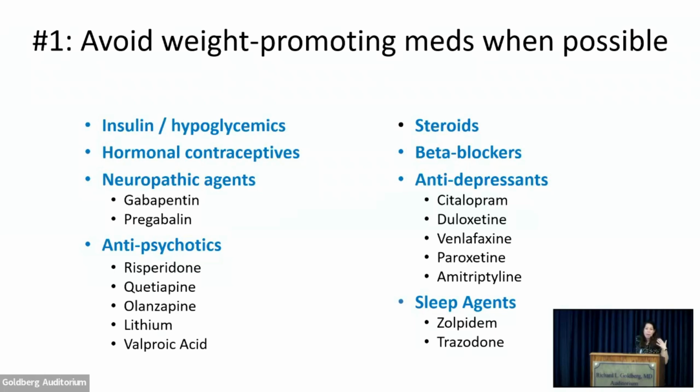And again, obviously, we have to use these things for many of our patients who are symptomatic in other ways. But in thinking about managing them, if there are ways to switch to more weight-neutral therapies or to minimize dosing, ideally, you can optimize the amount of weight that they might gain on those particular therapies.